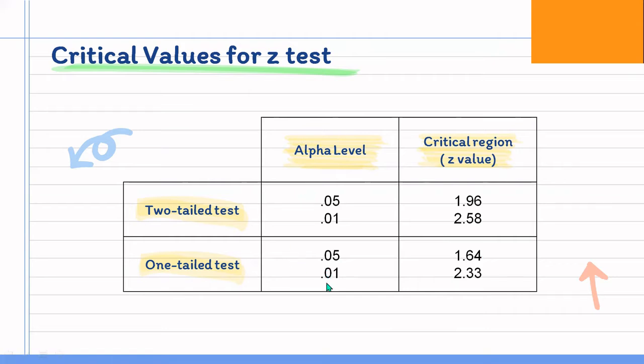And if the alpha level is 0.01, the critical region or z-value is 2.33. Now for social sciences, we usually use an alpha level of 0.05 with a z-value of 1.96. Yes, that's for social sciences.